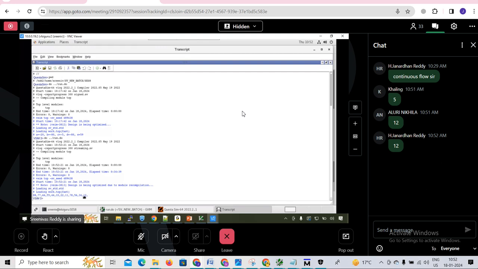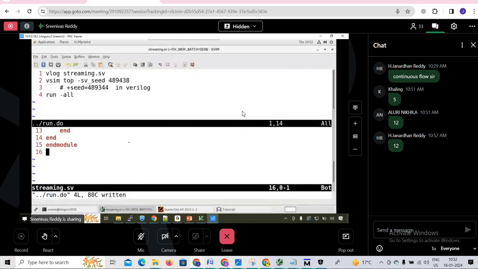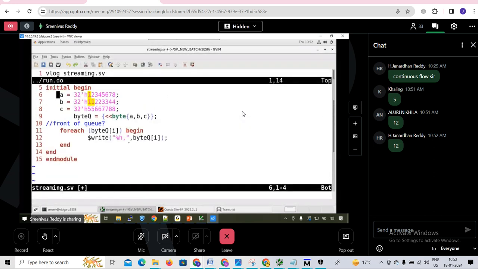You got it? Whereas if I do the reverse operation, what does reverse mean? Change the direction. Reverse will happen.